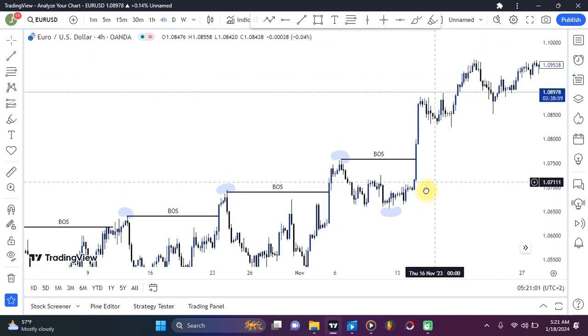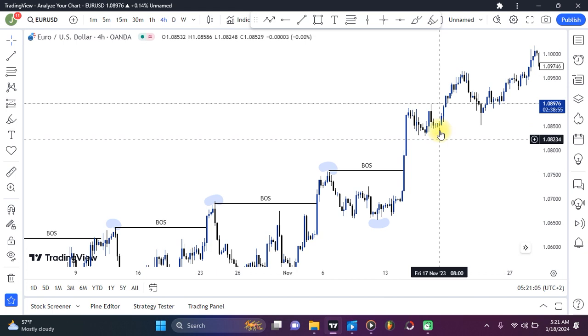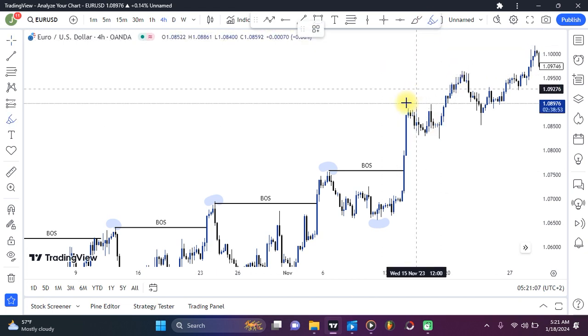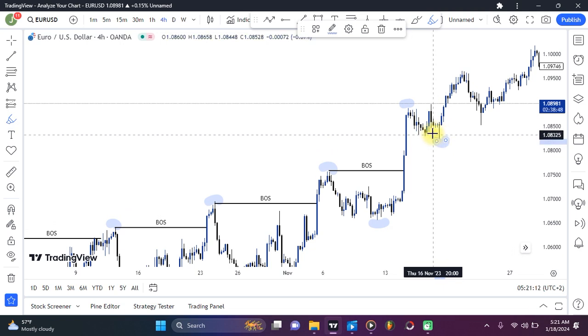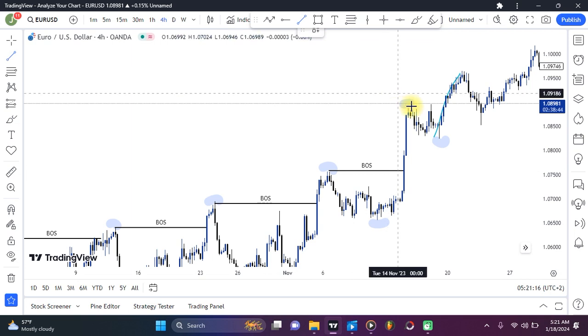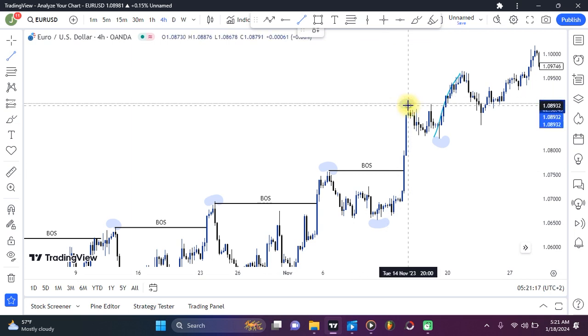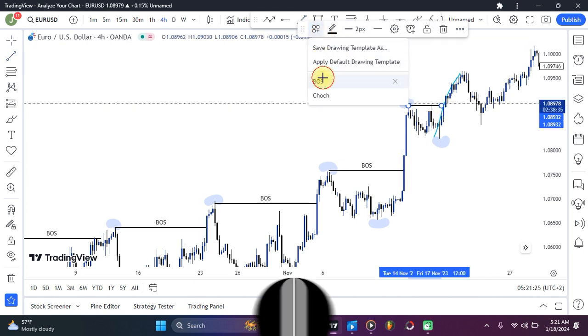And as you can also see here, we had a high, a retracement, and an impulse. So this becomes a higher high and a higher low, and then we have that impulse which takes out this high here, and when that is taken out, this becomes our breakout of structure.